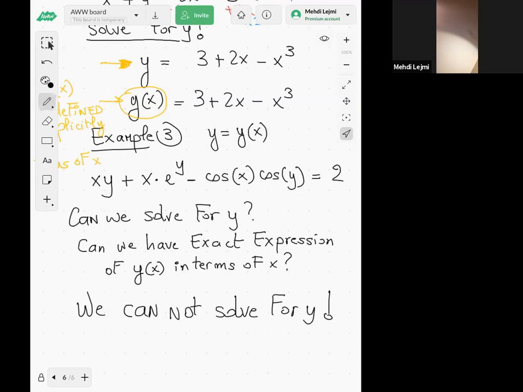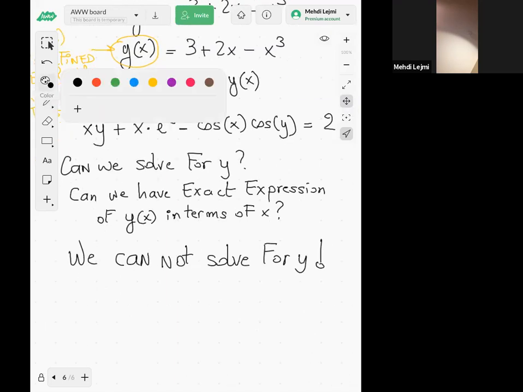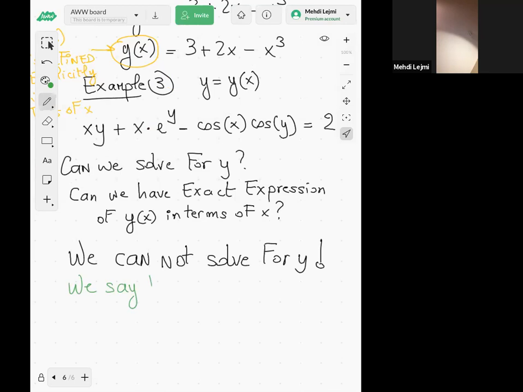In this case, we say that y is implicitly defined by the equation.